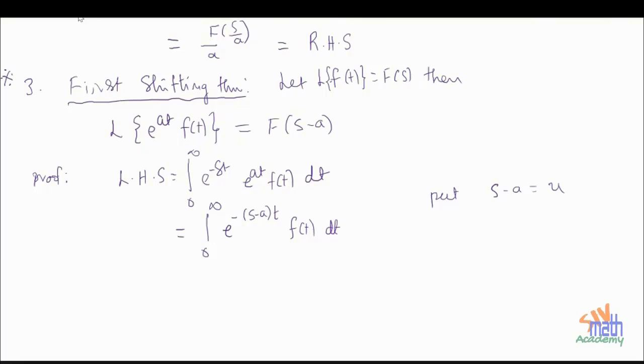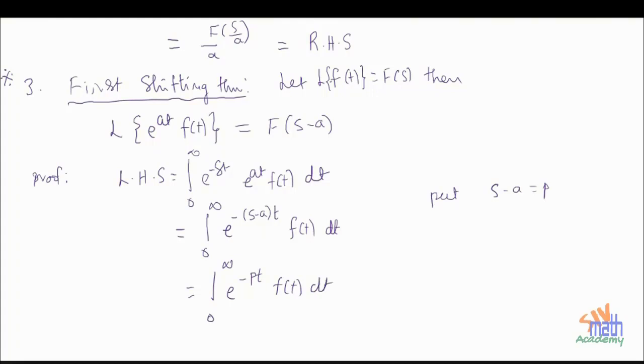s minus a is equal to p, not u, just write it down like this, is equal to p, so that what you will be getting, substitute here, you will be getting integral 0 to infinity e power minus p t, into f of t dt, right?